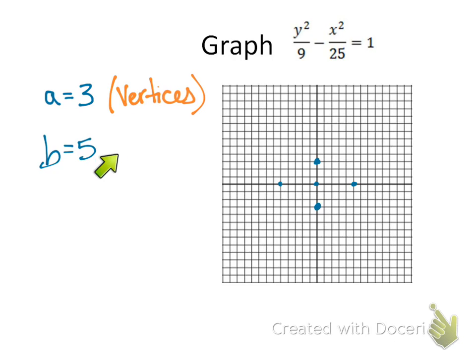Ellipses had vertices and co-vertices, but this b does nothing for us except create a box. We're going to start creating our box, and we're going to have a box that goes through each of these a's and b's that we have. It's got to be a rectangle going through them. Create these asymptotes.